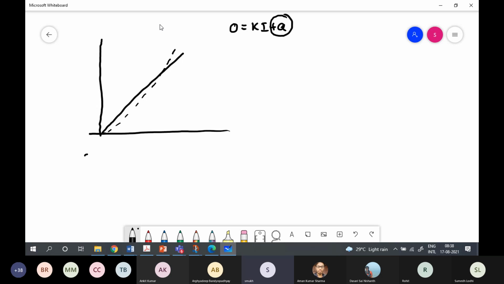So this is the true characteristic. Now there are deviations from the linear. This is the stated or nominal linear characteristic.